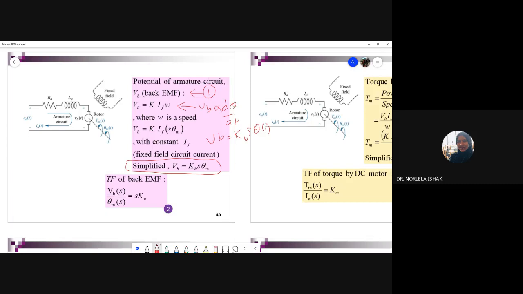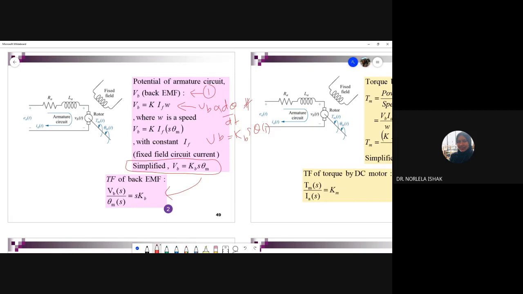And then from there we rearrange the equation so you can get equation number 2. VB is your output. Remember, just now, VB from this equation is the output from the rotor.